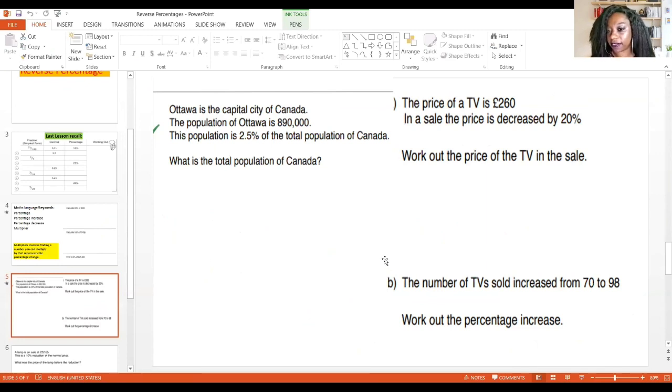Now, remember, guys, that the 100% of the price has been decreased. So 100% of the price that has been decreased, we don't know that 100%. However, we know when 20% was taken out of the 100%, leaving us with 80%, 80% is the one that costs £260.